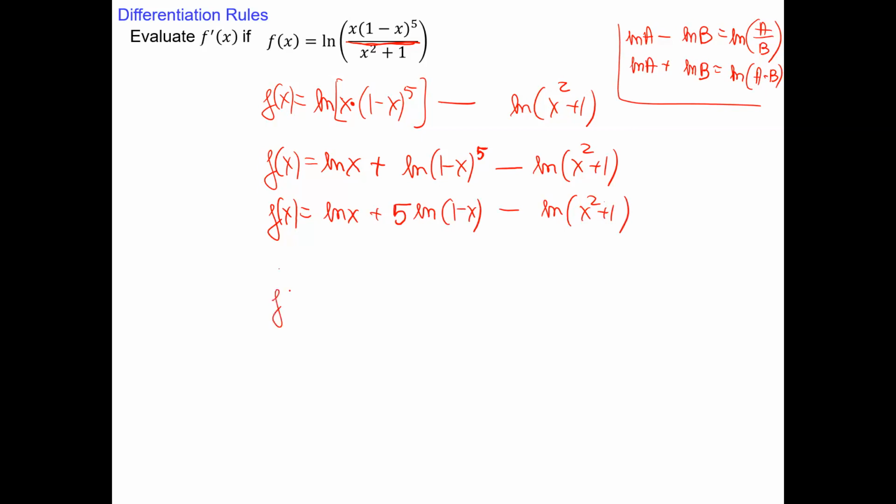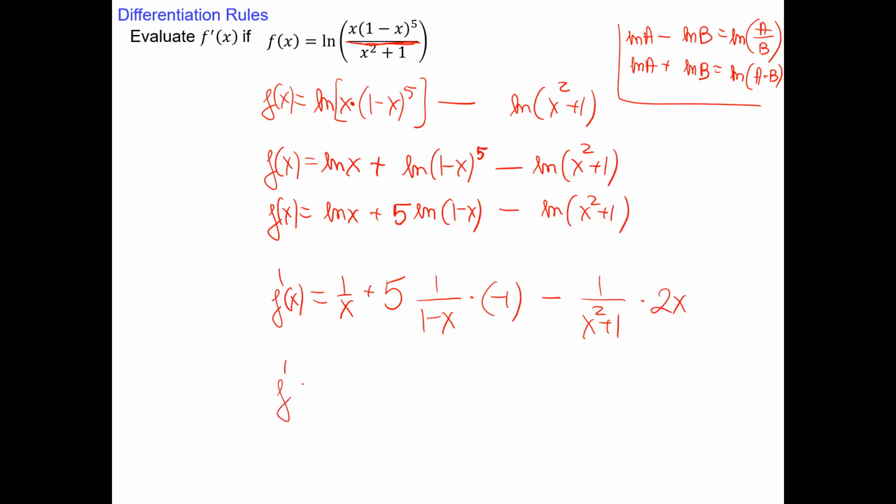Okay, now we're ready to find f prime of x. Derivative of ln of x, 1 over x. Copy the constant. Derivative of natural log of 1 minus x is 1 over 1 minus x, times the derivative of 1 minus x, which is negative 1. Now, the logarithm of x squared plus 1: the derivative is 1 over the quantity x squared plus 1 times the derivative of this quantity, 2x.